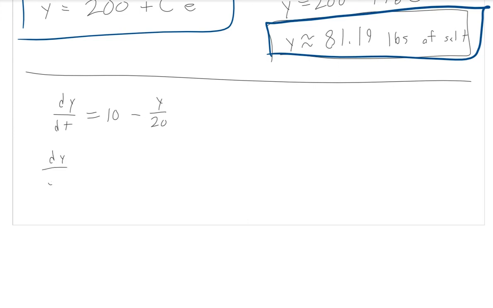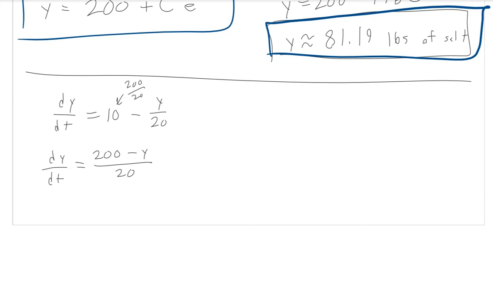We can rewrite this as dy dt equals 10. If I put that over 20, we get 200 minus y over 20, because 10 is 200 over 20, just multiplying top and bottom by 20. And then I can divide the 200 minus y over and multiply the dt to the other side, so basically a cross multiplication.